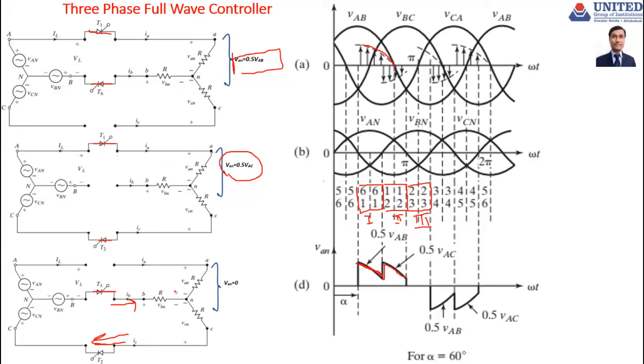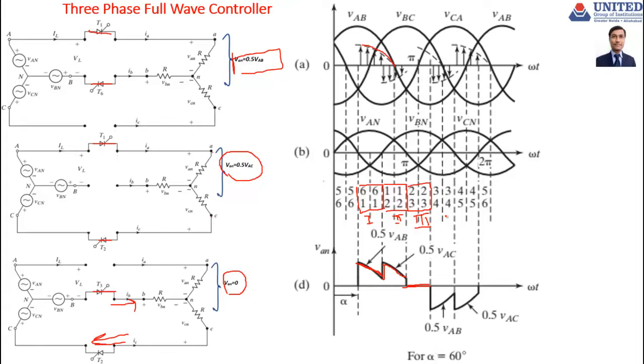So the output voltage VAN will be equal to 0 during this interval, and we will draw VAN equal to 0 voltage during this interval.